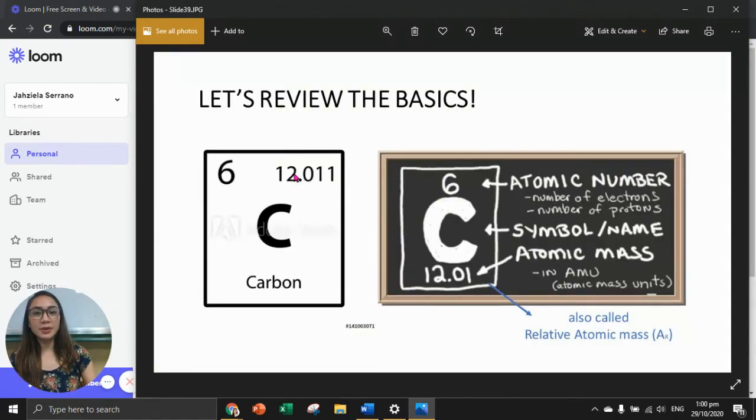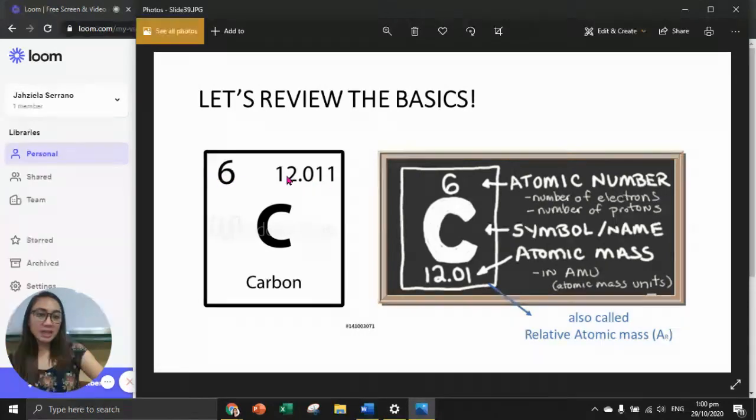Like for example, knowing kung ano yung atomic number, and knowing the symbol name, and the atomic mass, no? So, ito yung atomic number niya, ibig sabihin yung 6 for carbon, yung 6 is the number of electrons, and also the number of protons niya, di ba?